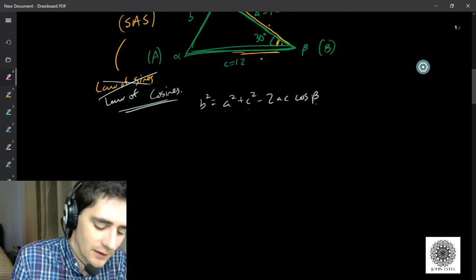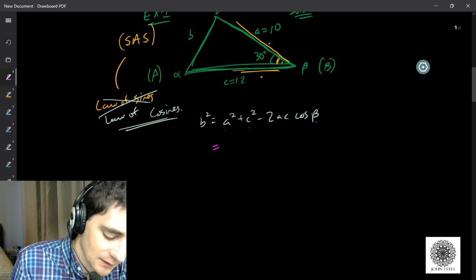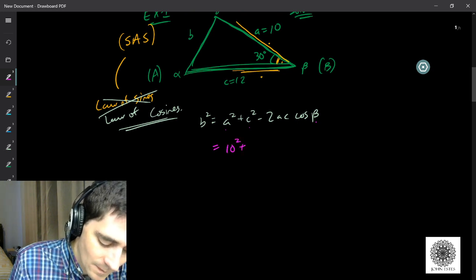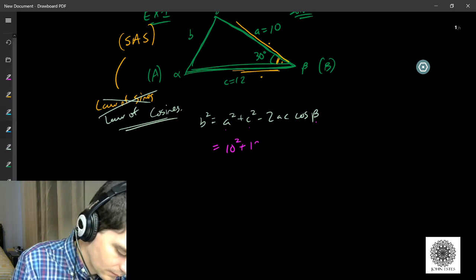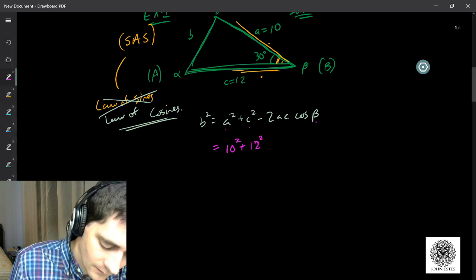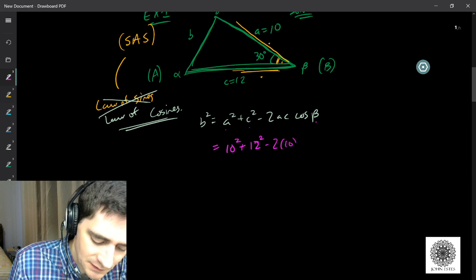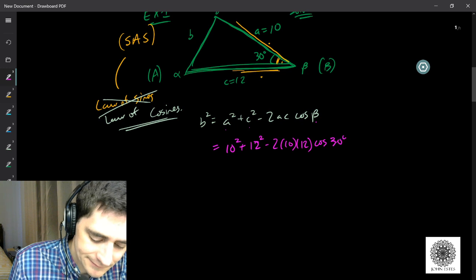Now I just plug it in: 10 squared plus 12 squared minus 2 times 10 times 12 cosine of 30 degrees.